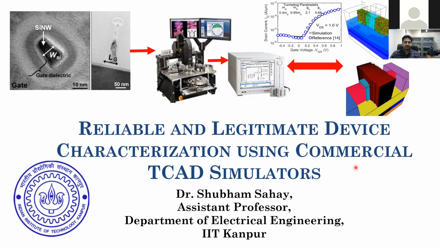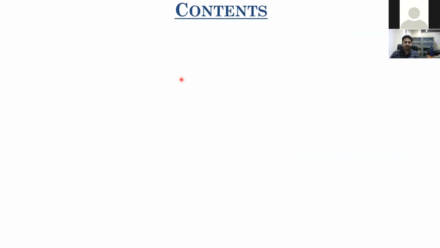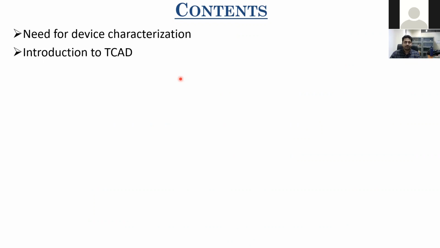First of all, I would like to give a brief overview of what I will cover in this presentation. I will first cover why we need device characterization. Then I will introduce TCAD, how it works, and what its flow is. I will take a specific example of Centaurus TCAD, but almost all commercial TCADs have a similar tool, so if you understand this, you won't find it difficult to understand the other tools.